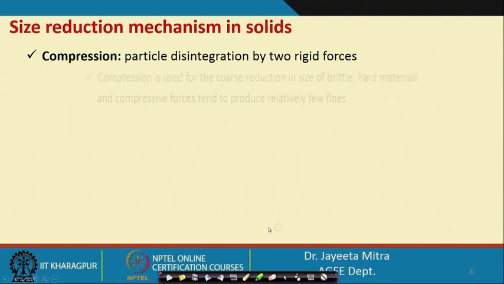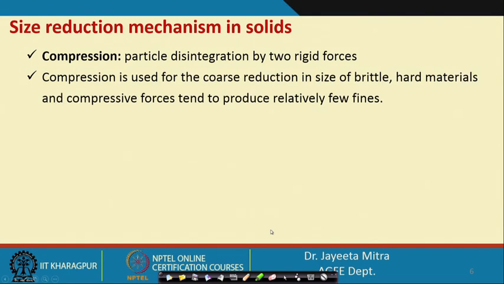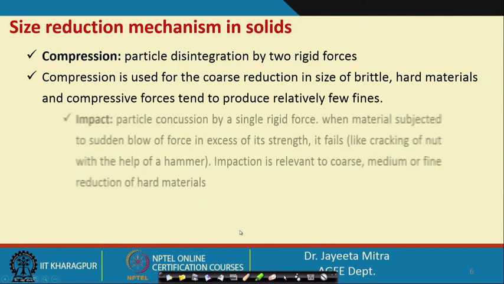One force that we apply for reducing the size in solids is compression, which is particle disintegration by two rigid forces. Compression is used for the coarse reduction in size of brittle hard materials, and compressive forces tend to produce relatively few fines. So, generally we get larger, bigger size particles out of that.